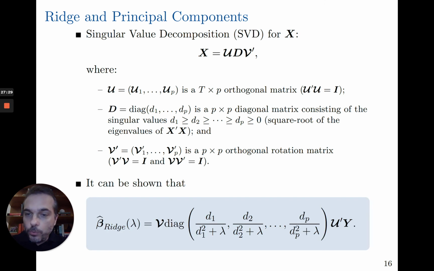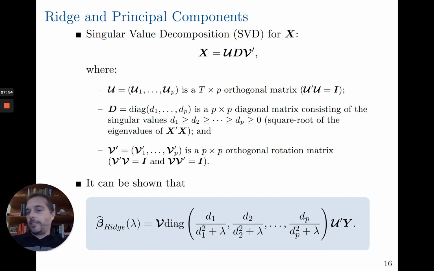It can be shown that beta ridge can be written this way: V, a diagonal matrix of the ratios between the singular values and the squared singular values plus lambda, times U prime Y.